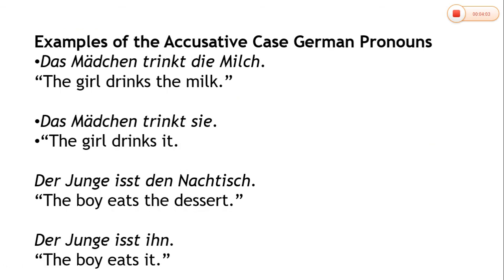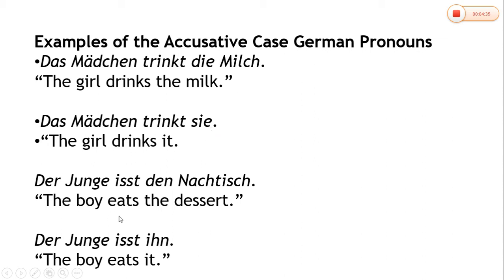Here are some examples of accusative case German pronouns. The girl drinks the milk. Das Mädchen trinkt die Milch. The same sentence we wrote: the girl drinks it. Here it is an accusative case or direct object pronoun, and therefore Das Mädchen trinkt sie.